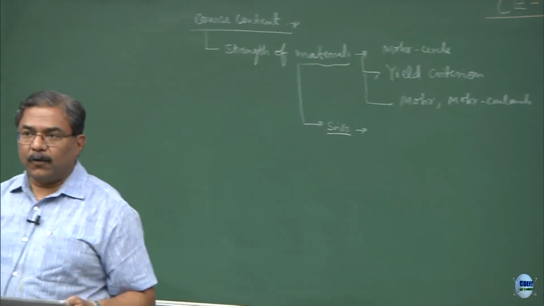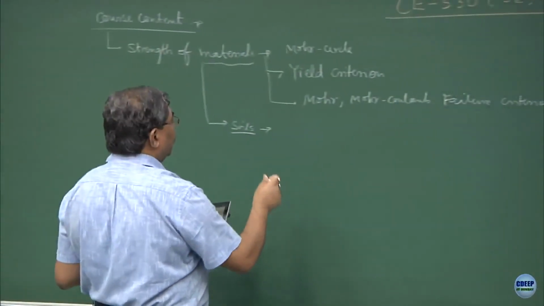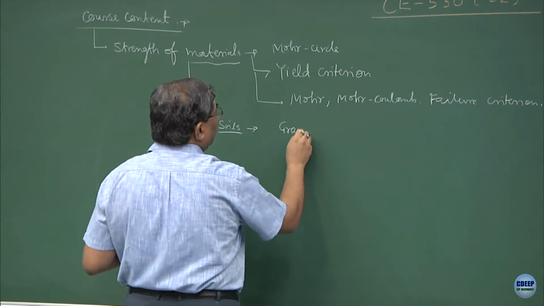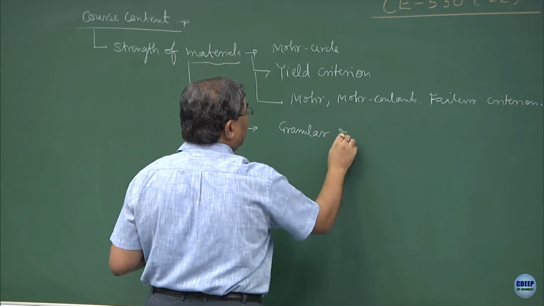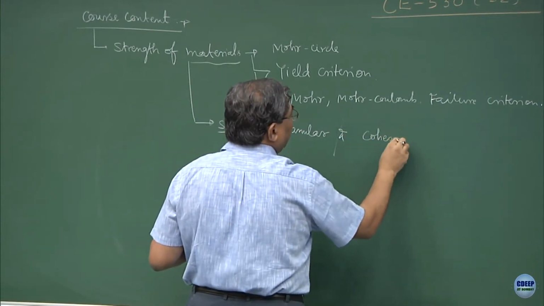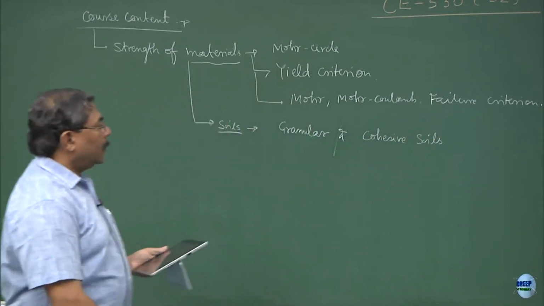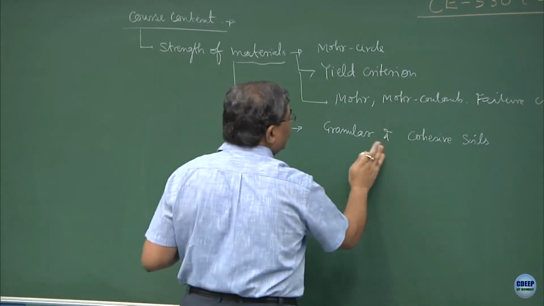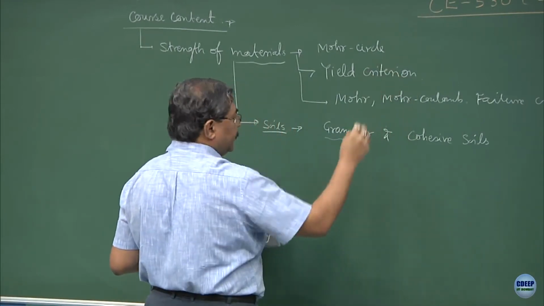And as you know, we talk about two types of soils, the granular materials and cohesive. So, granular soils are the ones mostly sands and above that size range.